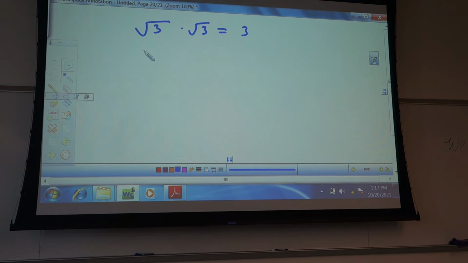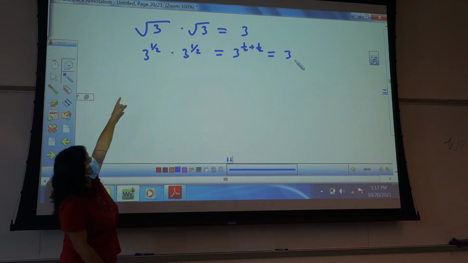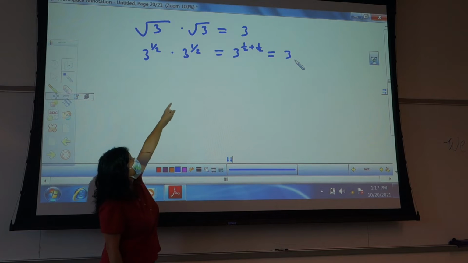That's the same thing as 3 to the 1/2 times 3 to the 1/2. Why is it the same thing? Because what's 3 to the 1/2 times 3 to the 1/2? 3 to the 1/2 plus 1/2? 3. 3 to the 1/2 means you have to multiply it by itself to get 3.